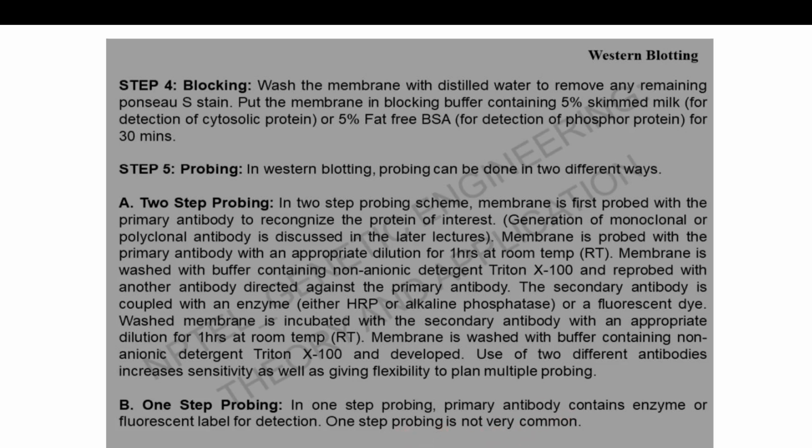One-step probing is not really common, because the signal you get decreases compared to two-step probing. The amplification of the signal is much higher with two types of antibodies, primary and secondary.